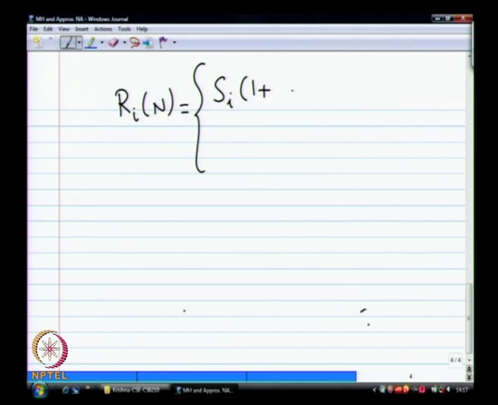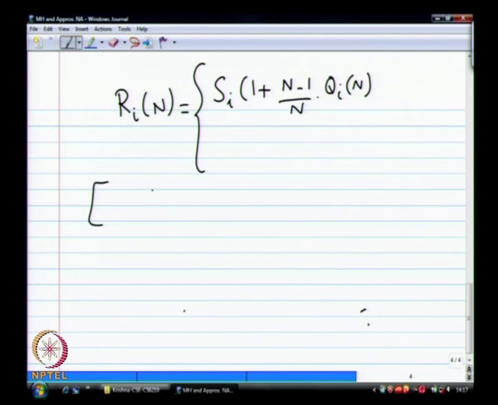Instead of Qi of n I am going to replace this with the approximation.